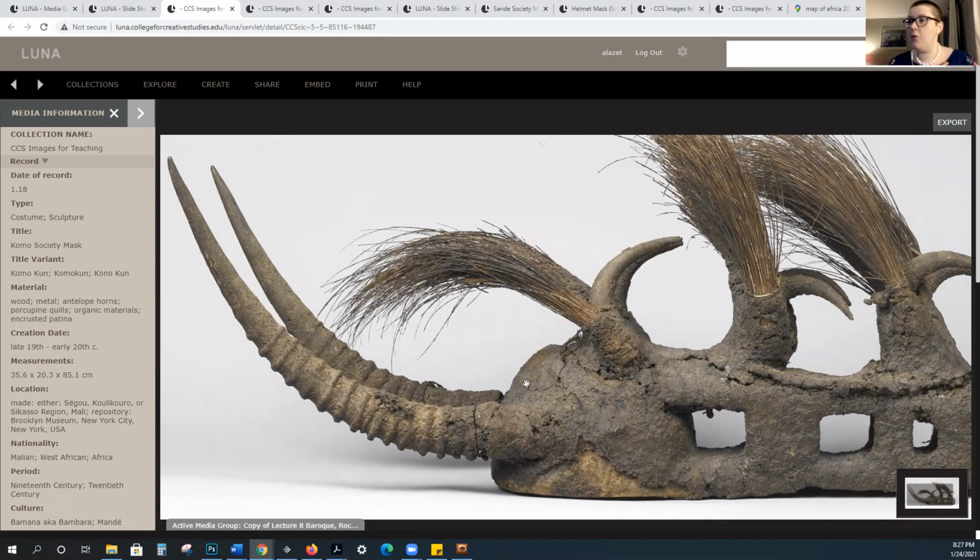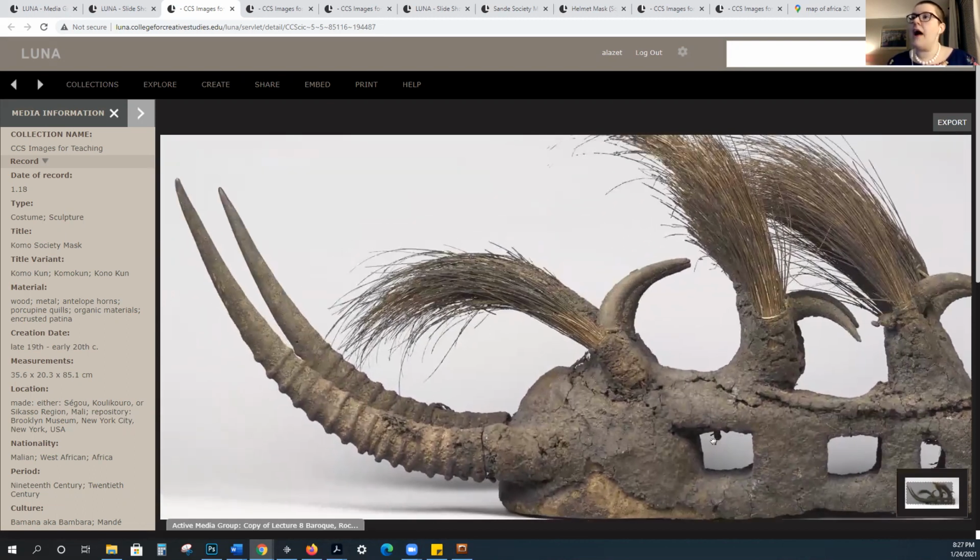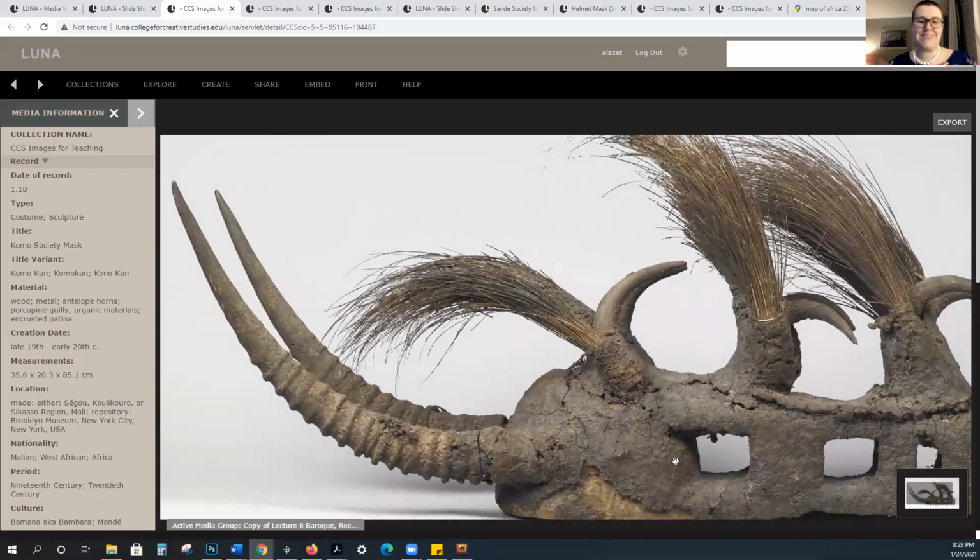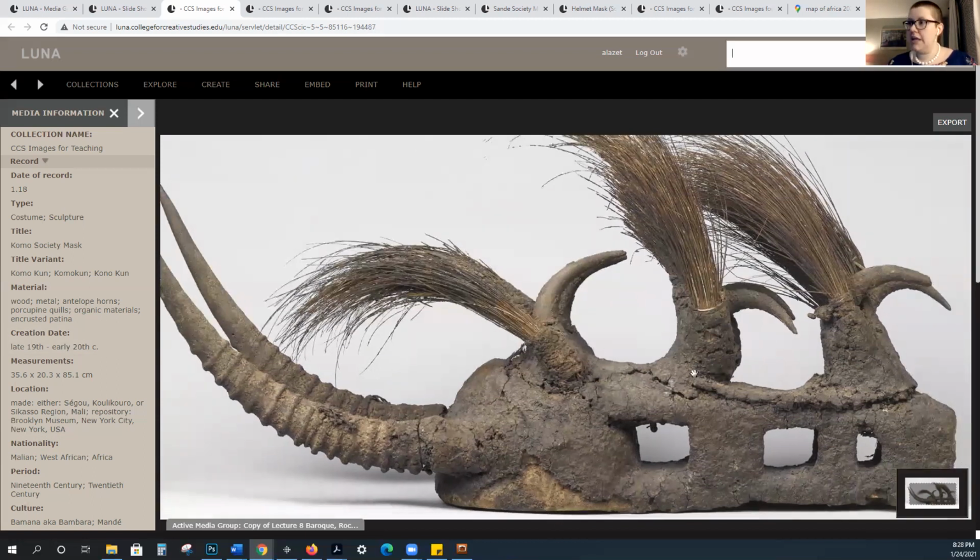So as I said before, it is wooden, but then this object receives patinations. So these aren't necessarily sacrifices, but it would receive things like mud and blood and food rubbed on this in order to intensify the nyama, right? The power within.